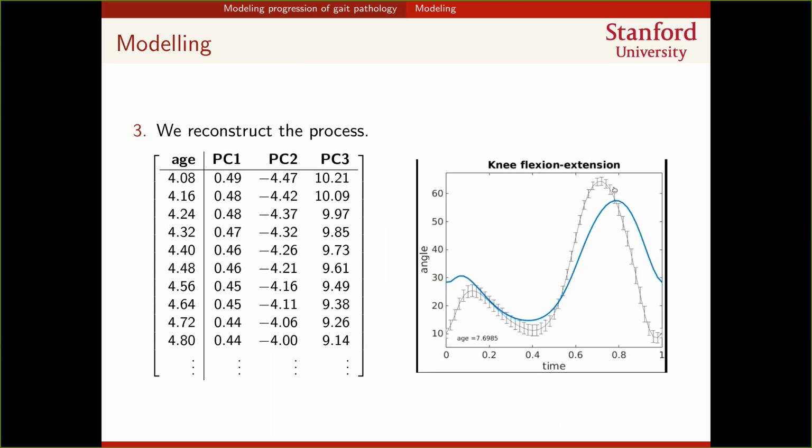If we now go back with these predicted principal components to the original space of curves, we can see how this knee flexion extension changes over time. So here in the gray area on the right, we have a normal population, while the blue curve corresponds to our unhealthy, like our cerebral palsy population, and it changes with age.